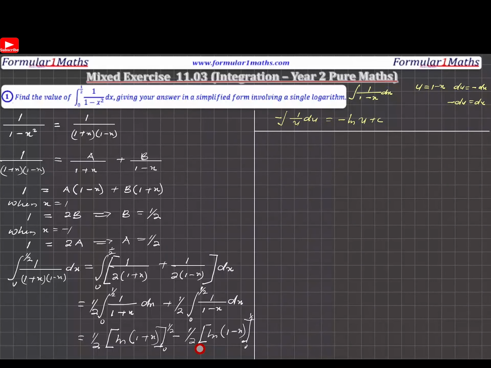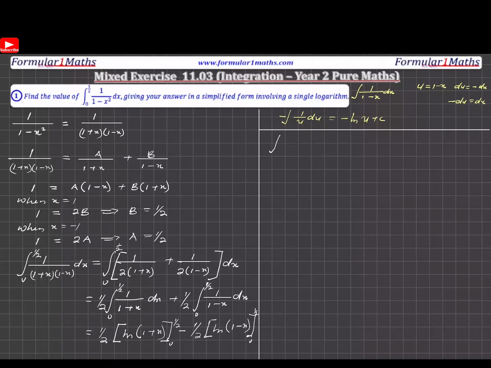So proceeding from here, I'm going to do my substitution. So I'll put a half in here and 0 in there, and do the same for this term. If I do that, I'll get this. The integral of 1 over 1 minus x squared from 0 to a half dx is equal to half ln 3 over 2 minus ln 1.